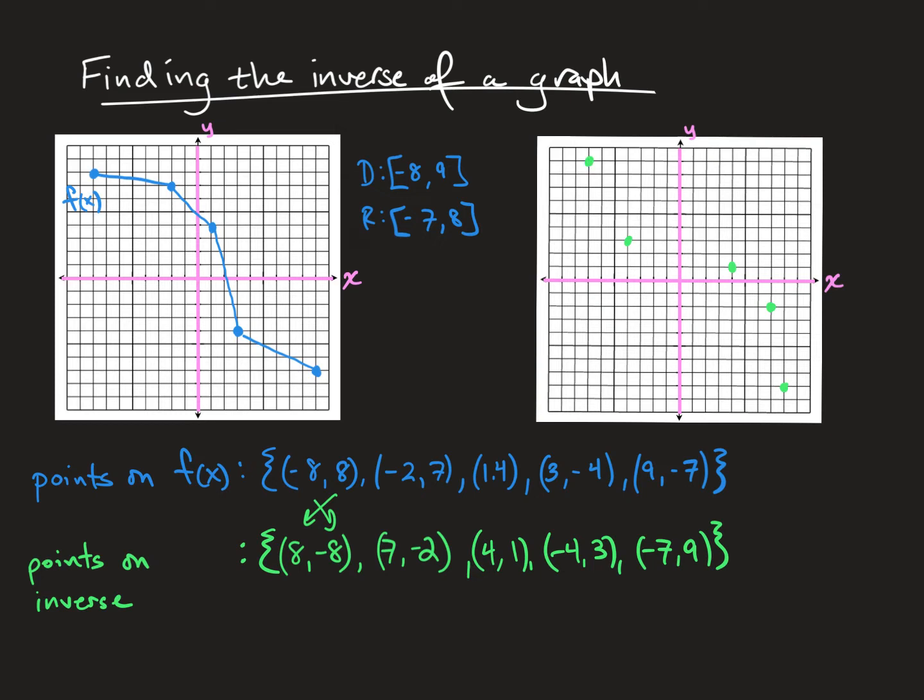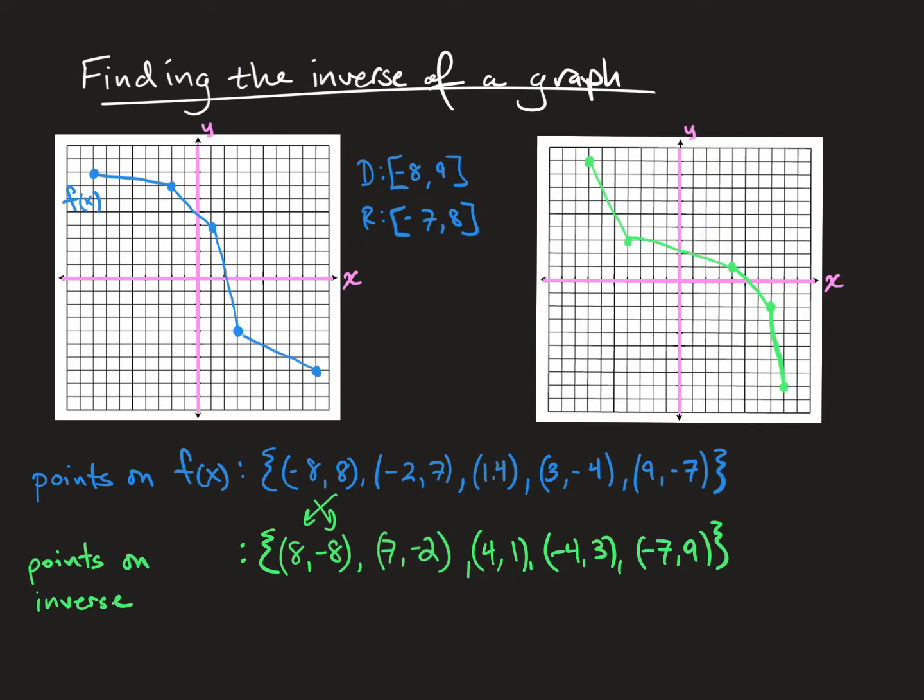So 8, -8 connects to 7, -2, connects to 4, 1, connects to -4, 3, connects to -7, 9. There we go. And that's what the inverse of this graph looks like. And aside from the horrible drawing of this graph, it is still a function. It passes the vertical line test.